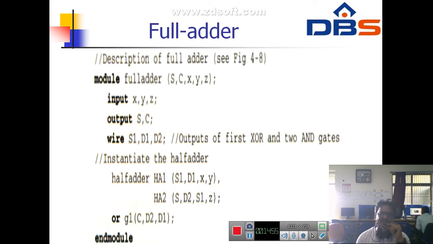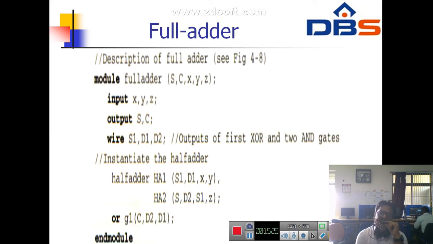In the same way for the full adder also, it will add 3 bits at a time. The difference between the half adder and full adder is that the half adder uses two inputs, but here we have three inputs, and we have to get the same outputs, sum and carry. To perform the 3 bits we have to use wire connections, because we have some interconnections from one XOR gate to two AND gates.